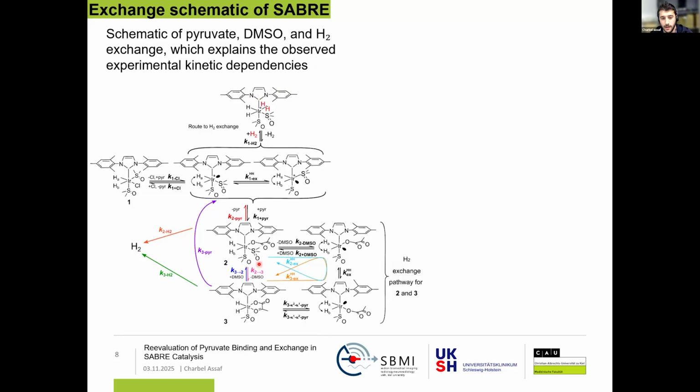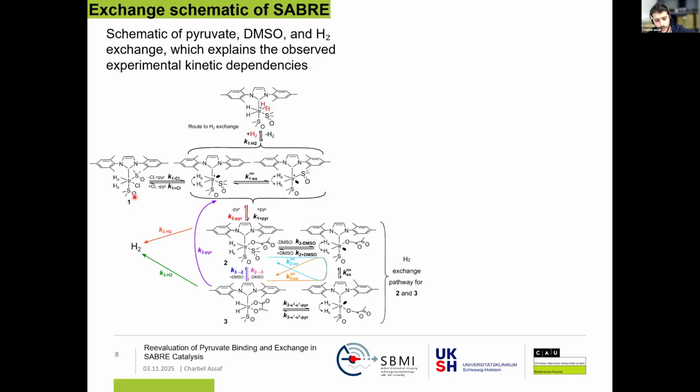And here we show a hypothesized reaction pathway that allows the equilibration of 3 complexes. So first we change the numbering of complexes. Now complex number 1 is the one which has 2 DMSO.